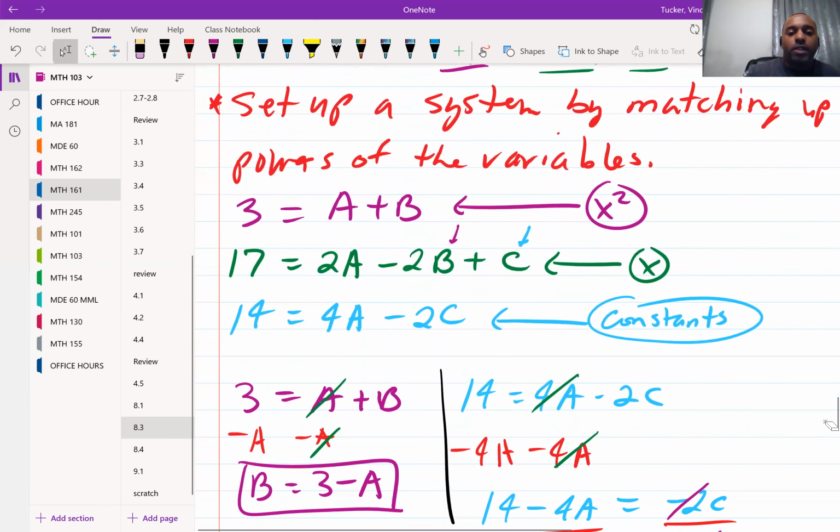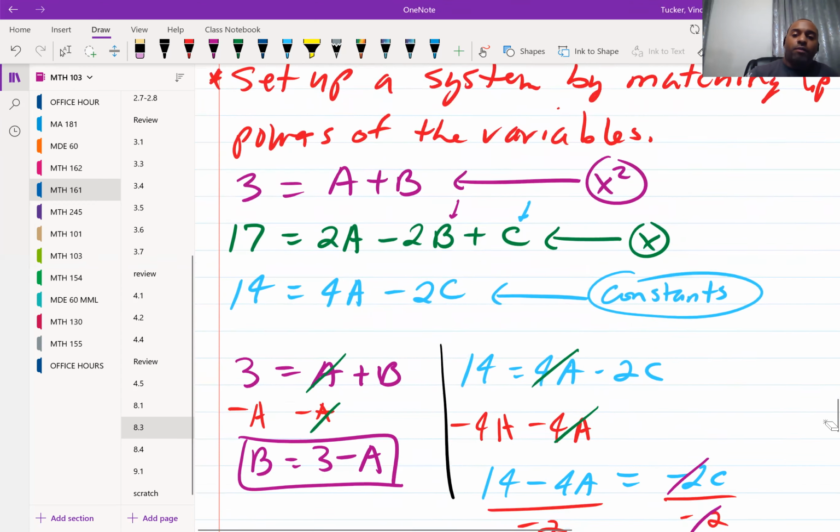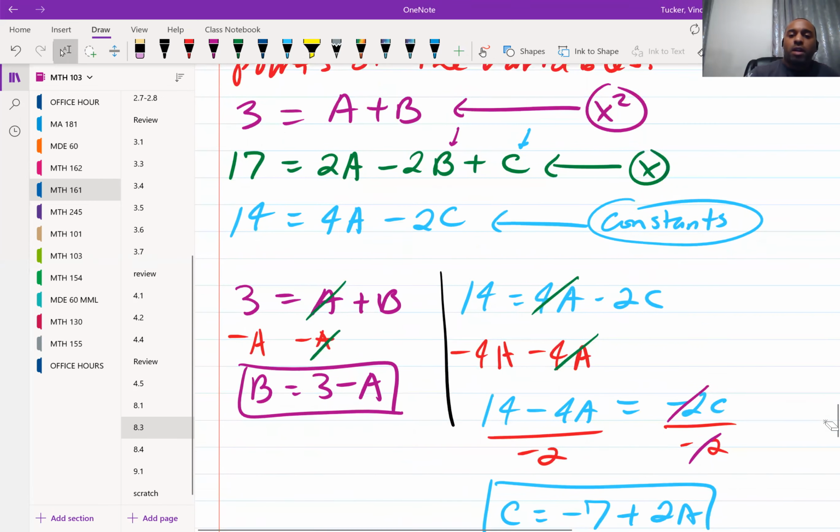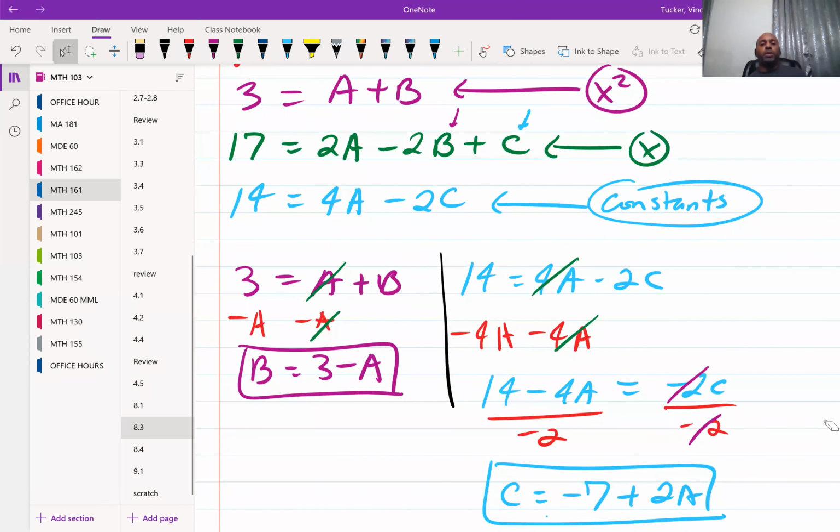So in other words, I solved this one for b so that it be described in terms of a. So b is equal to 3 minus a. And then for the third one, the blue one, I solved it for c. So you can say c is equal to minus 7 plus 2a. So both b and c are written in terms of a.